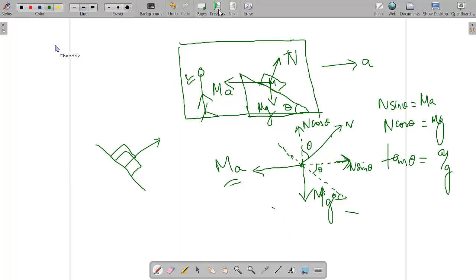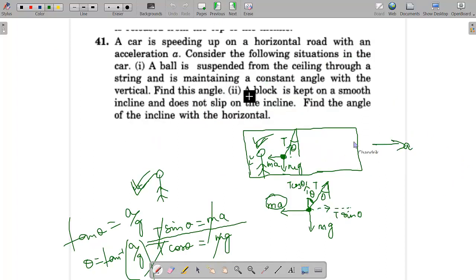So this is how you use the non-inertial frame sometimes. Okay, so now, if the body in the question is moving with a non-inertial frame, then it's always easy to use the non-inertial frame itself. But if some body is already hanging from the ceiling here and not from the car, then it's always useful to use the inertial frame.